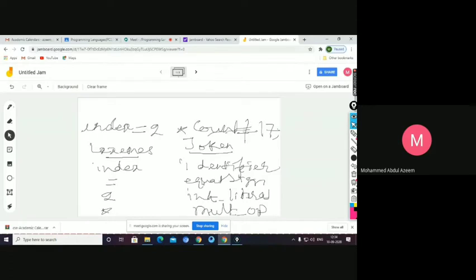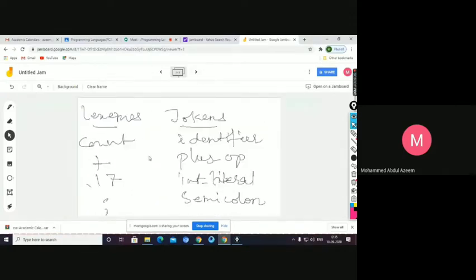Equal sign, then int literal: 2 is an integer literal, and into is the multiplication operator. The remaining are count, which belongs to identifier, plus, which belongs to plus operator, 17, which belongs to int literal, and semicolon, which belongs to semicolon.